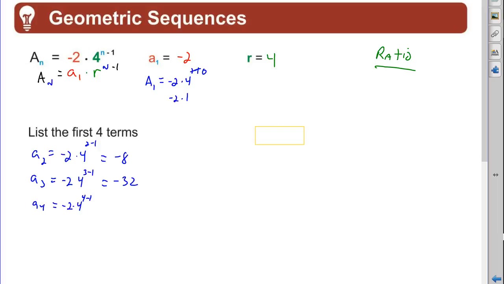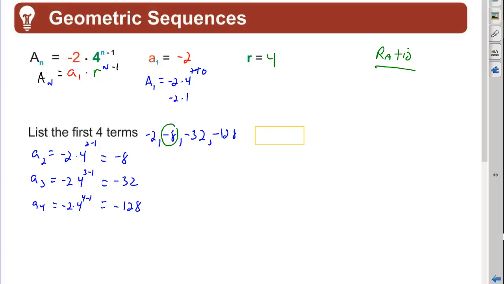So 4 squared is 16, times 4 is 64. 64 times negative 2 is negative 128. All right, so if I were to list the terms, I would list them: negative 2, negative 8, negative 32, and negative 128.